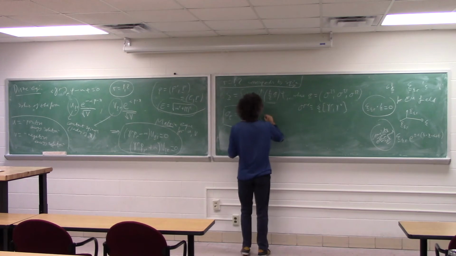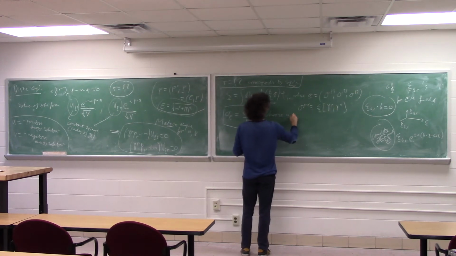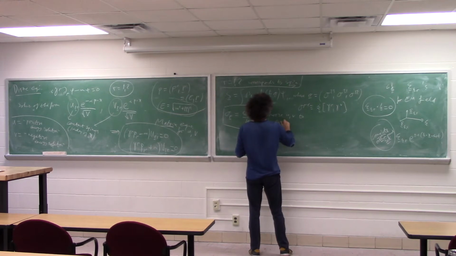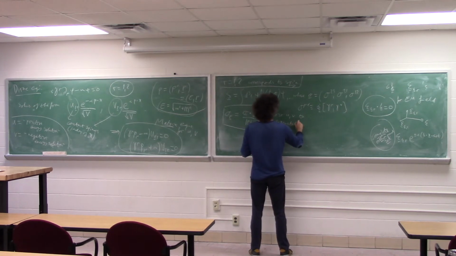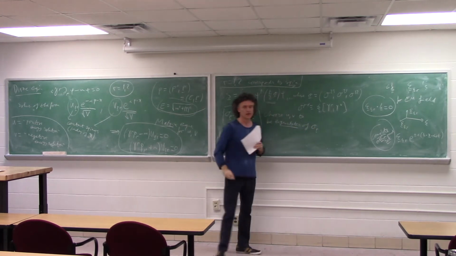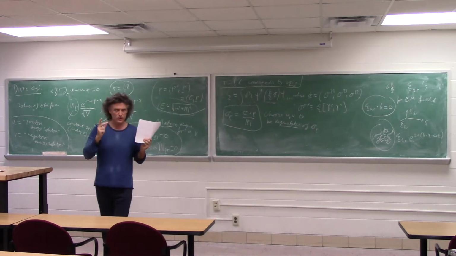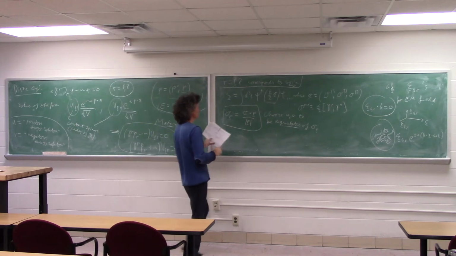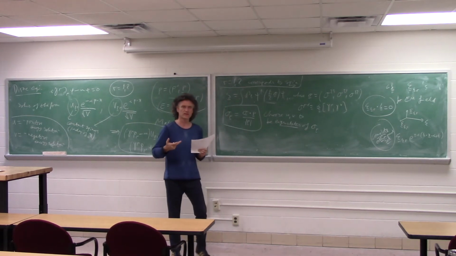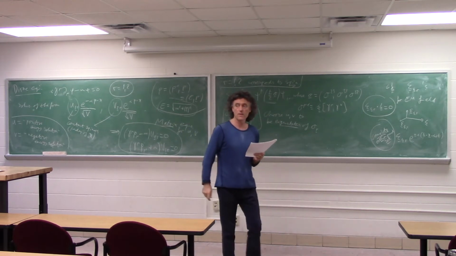So what we do is we choose U and V to be eigenstates of sigma p. From the heuristic point of view of the spin matrix that you're used to, this means that they are eigenstates of the spin along the direction of the momentum.